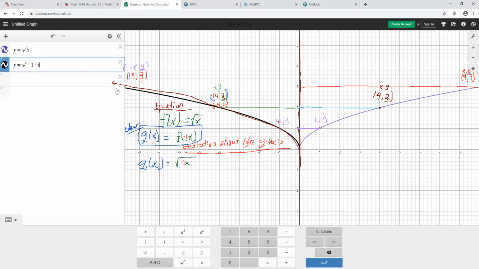And then the other kind of reflection is not over the y-axis, but over the x-axis. So there's only two reflections. And that one would be, we take these points right here, but reflect instead over the x-axis.